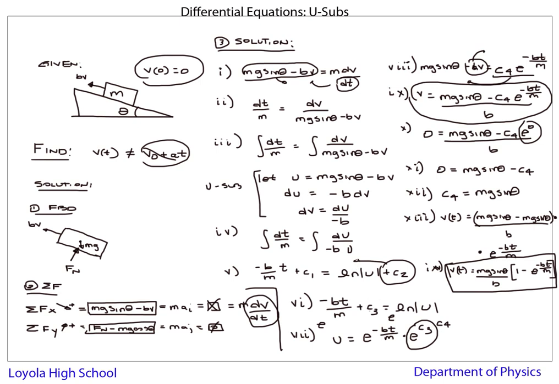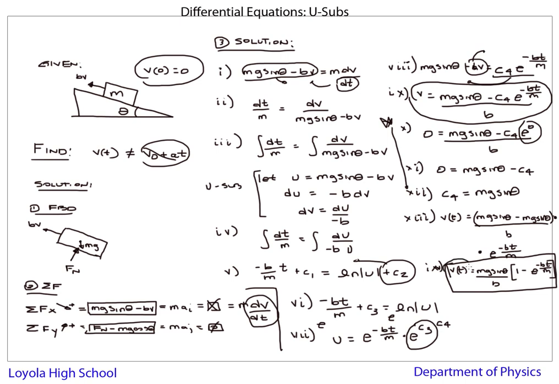And the thing that arises is this constant, which I have to go back through and use the initial condition to find, which I did right here. And the constant found here is mg sine theta. I plug that back into my velocity equation to get something in terms of known variables. I do a little factoring here to get a final equation.